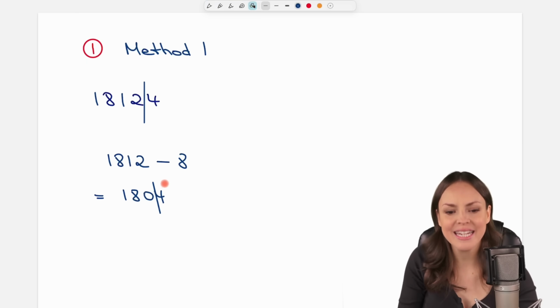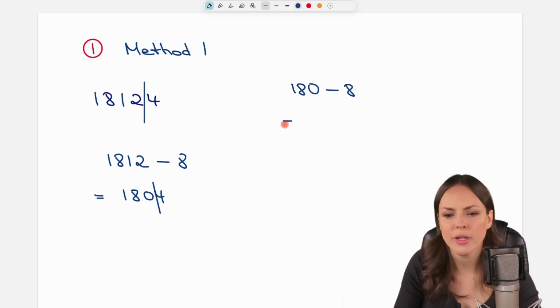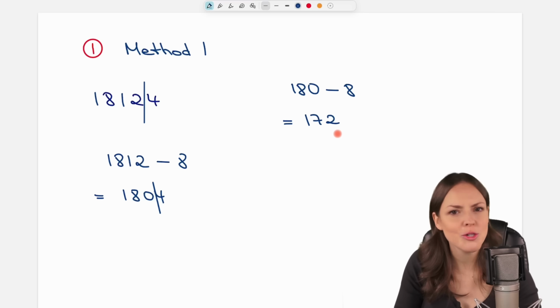We separate the last digit, take the 180 and subtract twice this number, so we subtract 8. We get 172. Now, is this number divisible by 7? Well, it's still pretty large, so let's just keep going with our process.